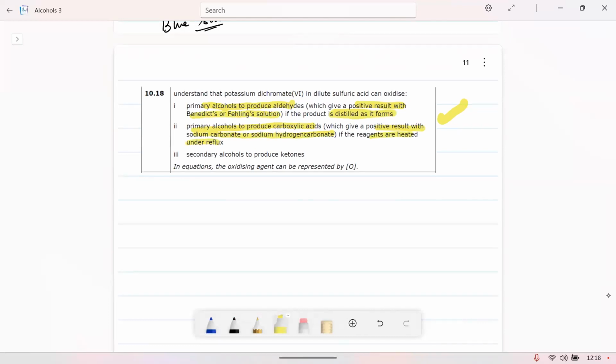So that is the condition to produce carboxylic acid. And secondary alcohols produce the ketone. Now you will see they did not talk about the tertiary alcohol, but they may ask you why tertiary alcohols are not oxidized. So this part we have done. Basically that should complete your alcohols.